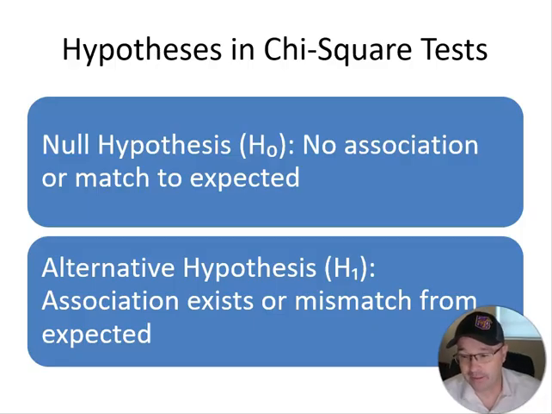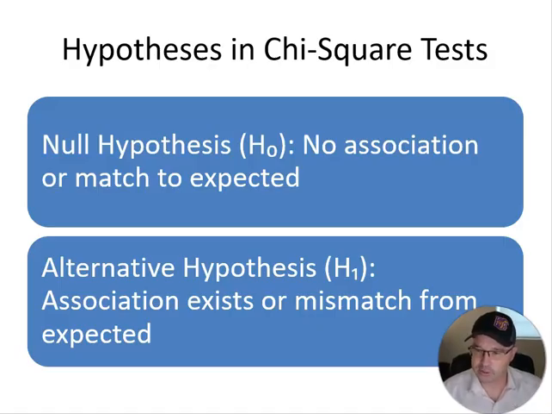Thinking about these two types of chi-squared tests, we need to think about how that influences our hypotheses. Let's talk about the null hypothesis first. We understand previously that the null hypothesis means no effect, right?